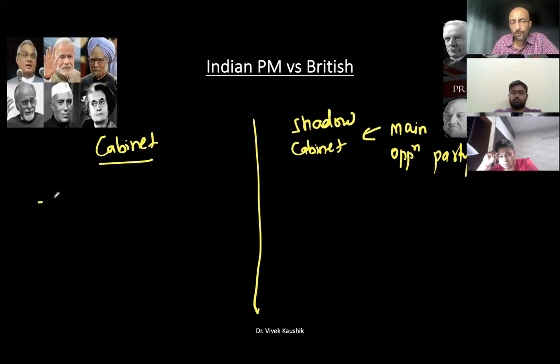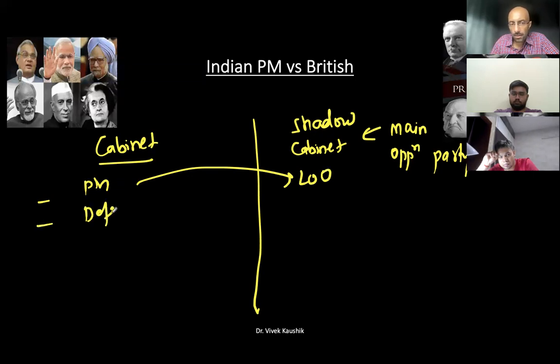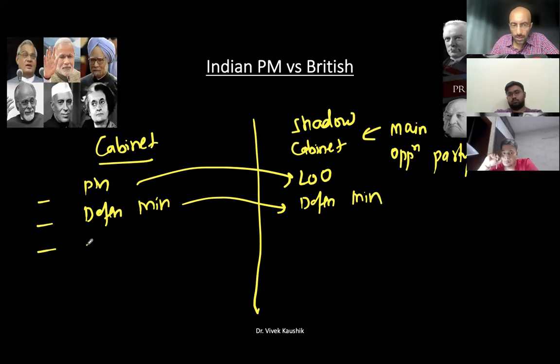It's like we have, let us say, prime minister, his shadow is the leader of opposition. Then we have, let us say, defense minister. So his shadow will be a shadow defense minister. Like this, for every minister, we have a shadow minister.